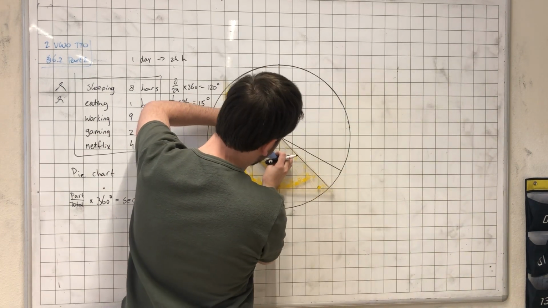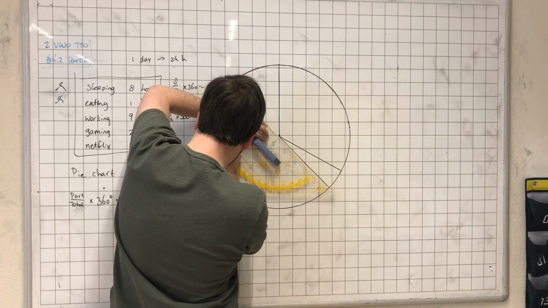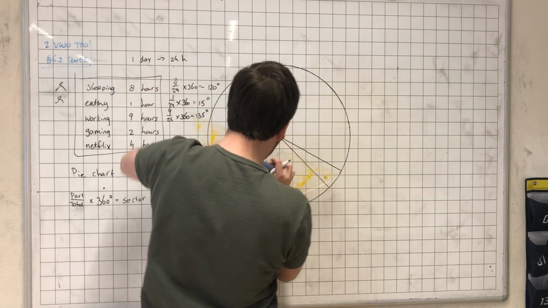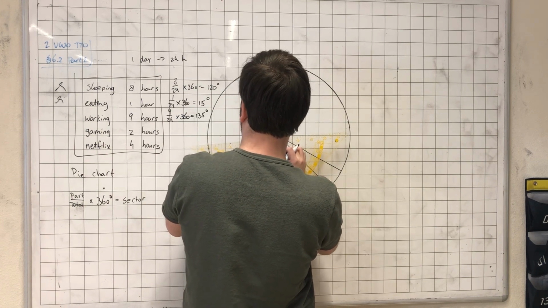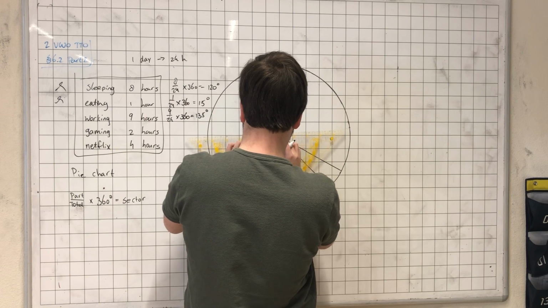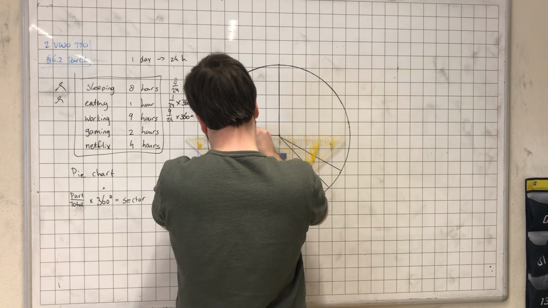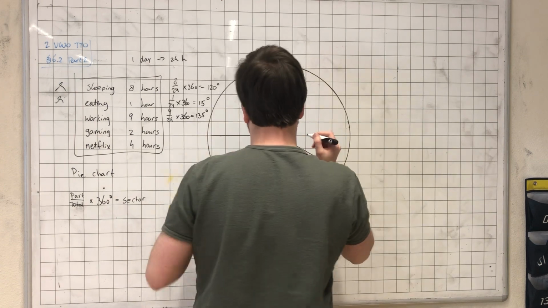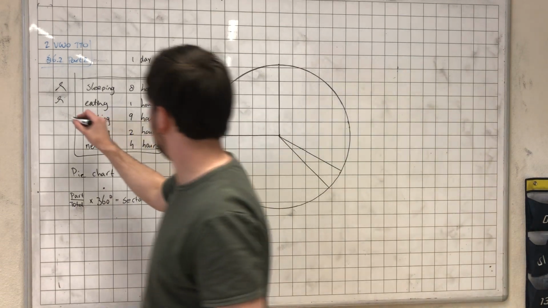So protractor triangle like this. Then 135 is over there. So let's see. That's the third sector, for working.